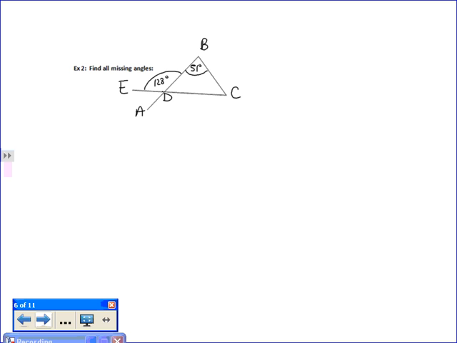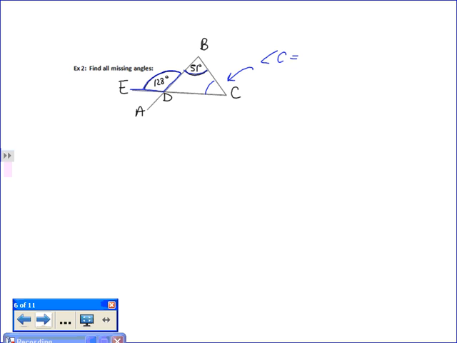But one of the things that we might start with is recognizing that we have an exterior angle here, and it's going to be equal to the two non-adjacent angles inside the triangle. So I could immediately solve for my angle C. Okay, so let's go ahead and do that.